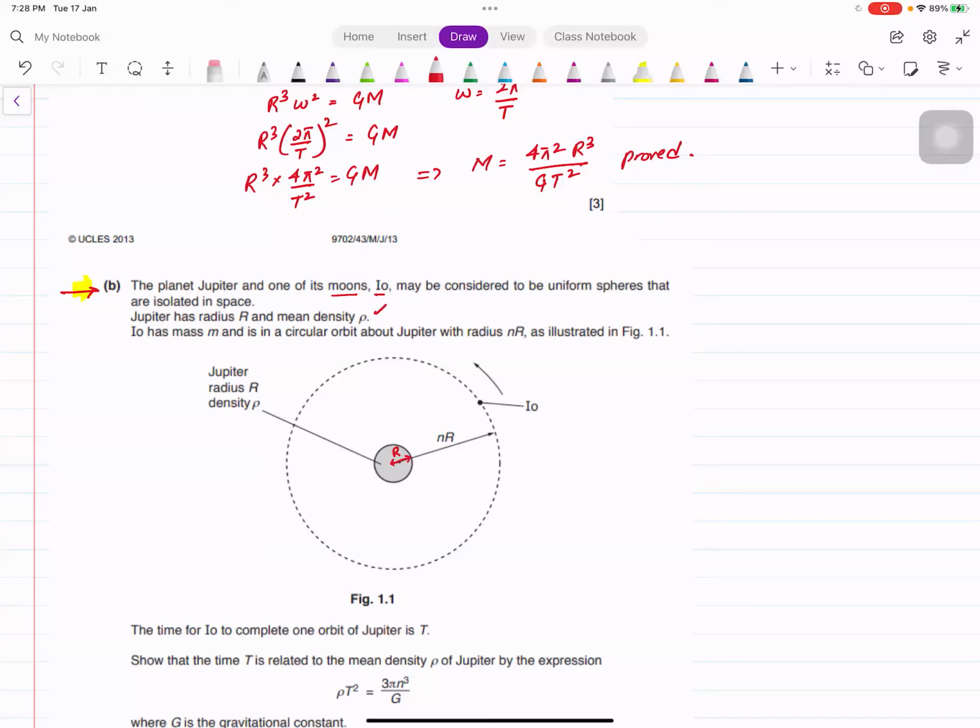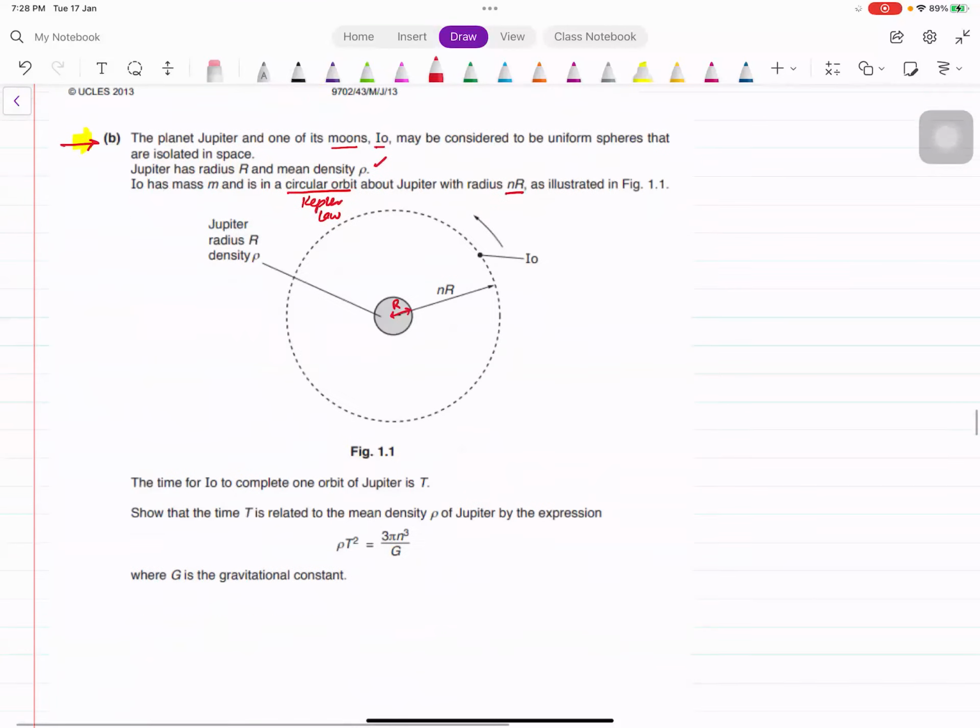Io has a mass m and is in a circular orbit. So I read this. It means that it is related to Kepler's law about Jupiter with radius nR. So it is basically n times the radius away from the center of Jupiter. And you can also see that from the drawing.